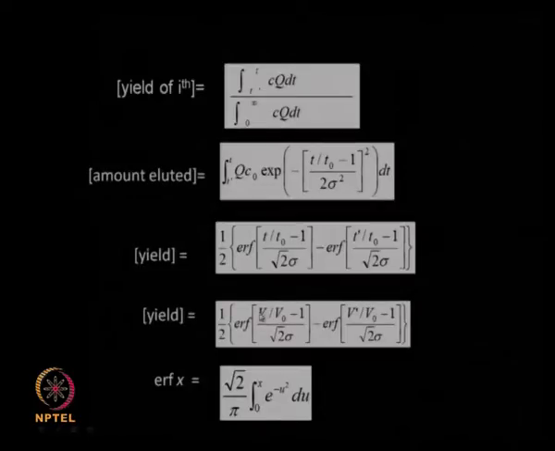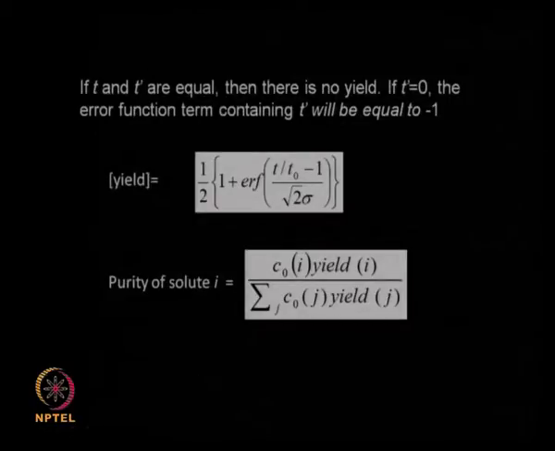Similarly we can have a yield equation in terms of V also. So we can put half erf((V/V0 − 1)/(√2 σ)) minus erf((V'/V0 − 1)/(√2 σ)). Suppose we start collecting from the time equal to 0, then T' we will call it as 0.